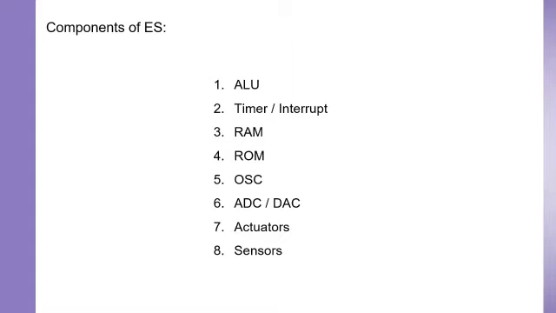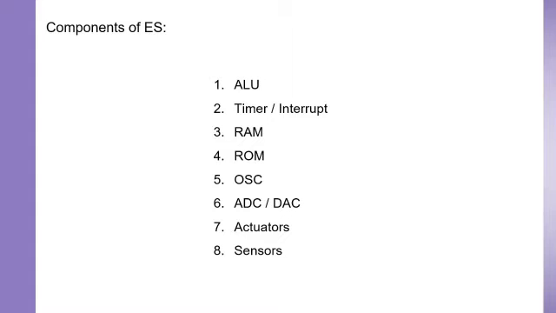ROM, RAM, and timer interrupts we will see in the coming slides. And we go into the OSC, meaning oscillators. Clock oscillators are the pillars of electrical engineering, and these components play a vital role in devices such as the central processing unit, communication buses, tone generators, frequency synthesizers, RF systems, and peripherals.